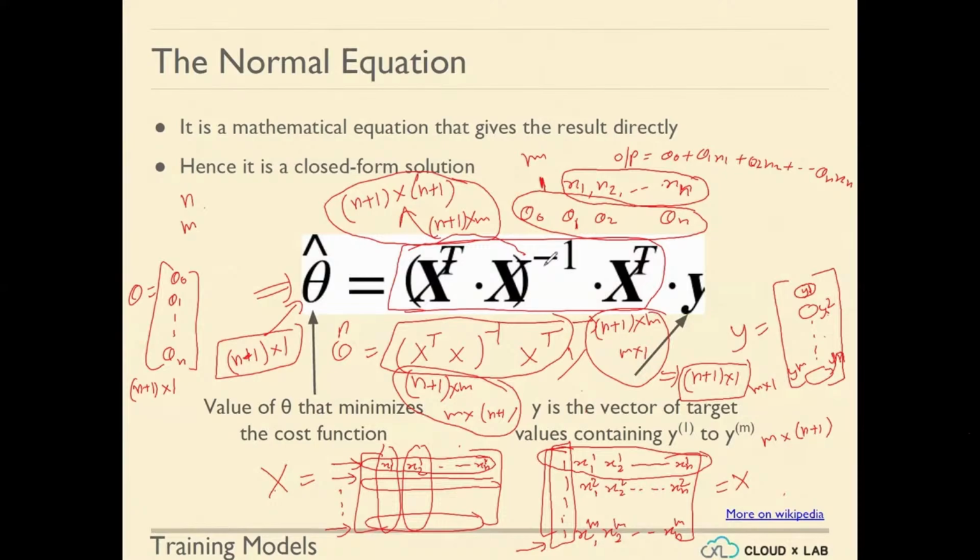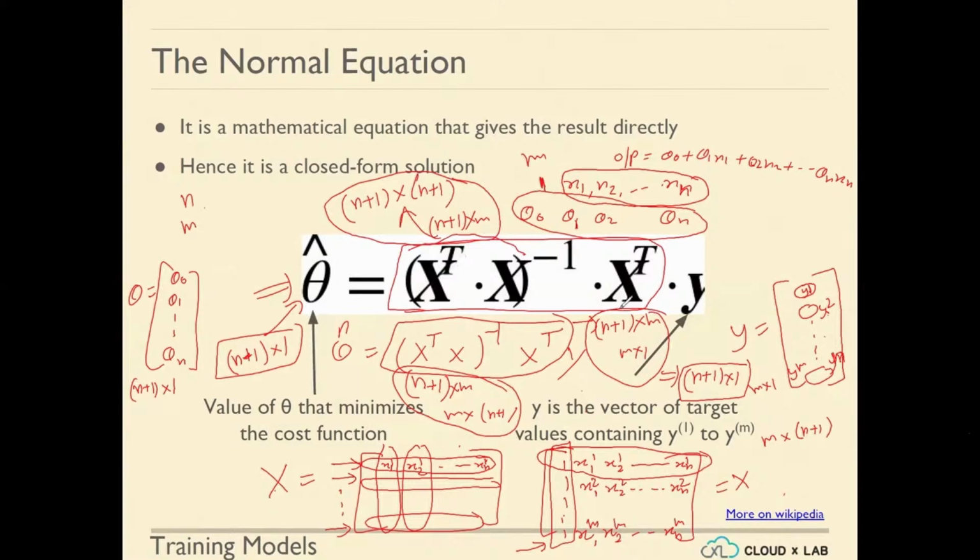Matrix inversion is a very difficult job when we have a very large matrix. For a small matrix, you can easily invert, but let's say you have a matrix with millions of rows and millions of columns, then it's not easy to invert that matrix, because matrix inversion is a very costly operation.